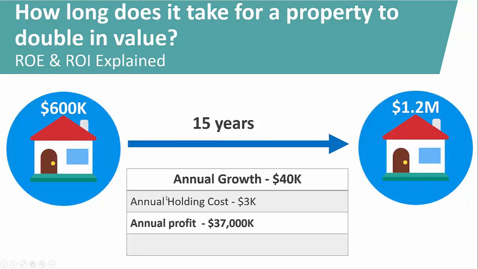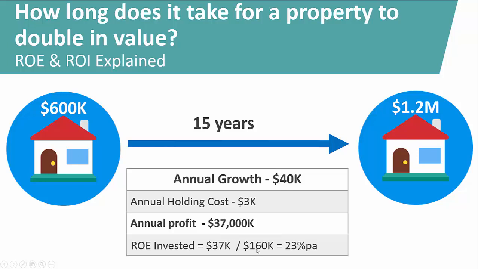So if we plugged something like that, here we've got a property costing $3,000 a year into that previous example. So now we've got that same property that's making $40,000 a year, but instead of costing $10,000, it's costing $3,000 a year to support.